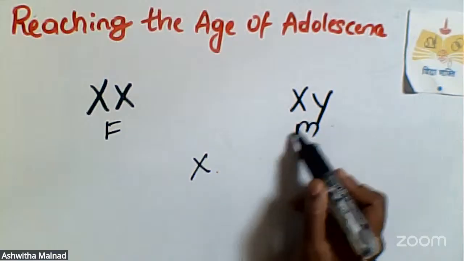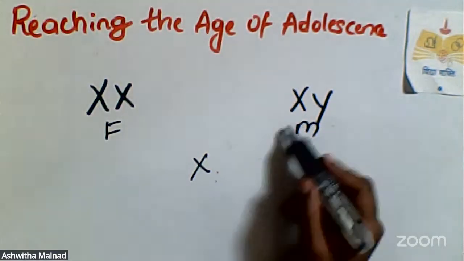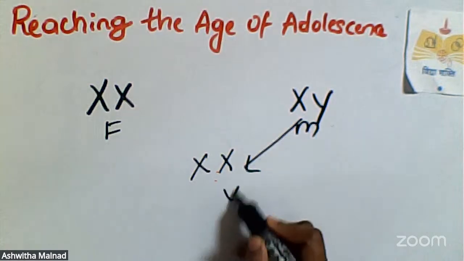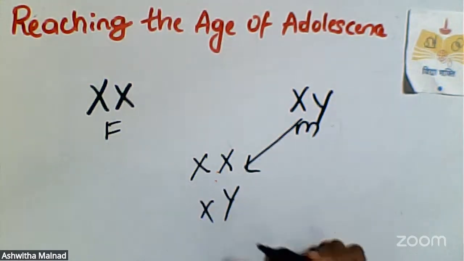If it is X, then it would be a baby girl. If the male gives Y, then it would be a baby boy. So, this is how the sex determination happens. Now let us learn about the hormones other than the sex hormones.